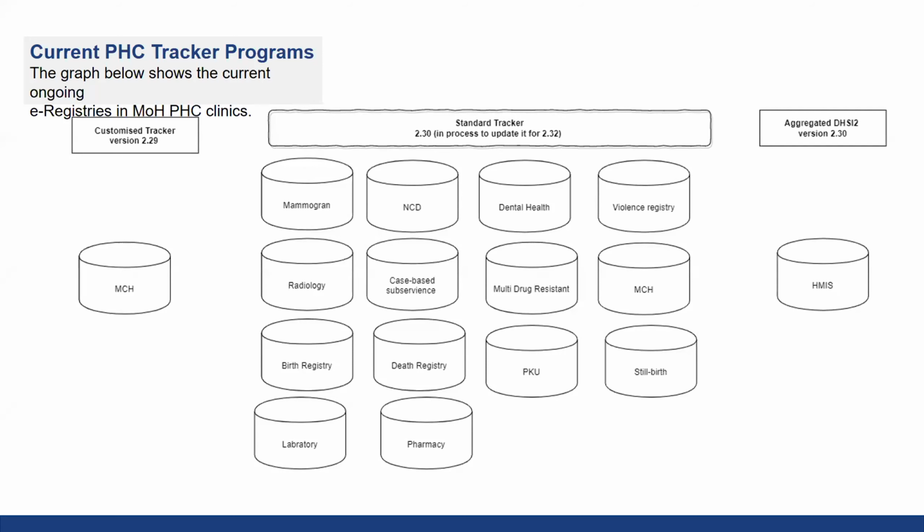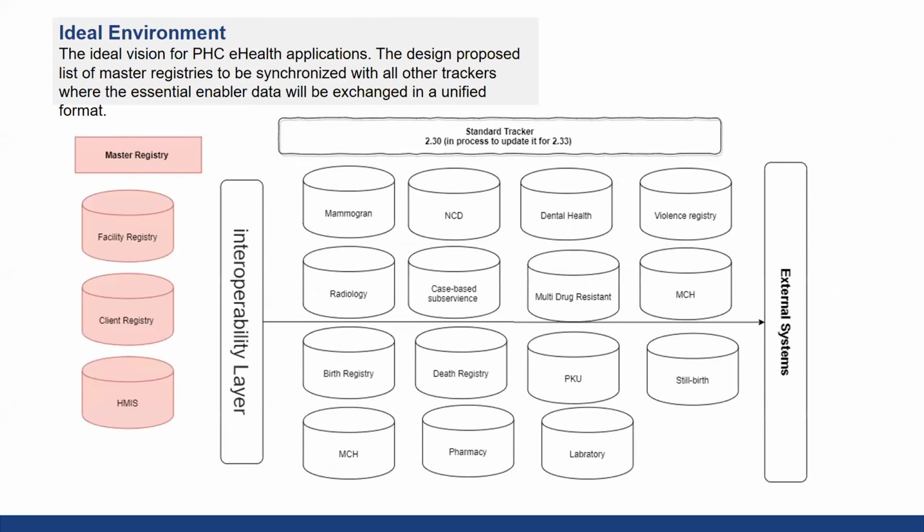So I'll move to the next slide, which shows the ideal vision for the primary healthcare e-health application. We are looking forward to having this graph on the ground, where all registries interact with each other, and there will be master registries synchronized with all other trackers, where essential enabler data will be exchanged in a unified format.